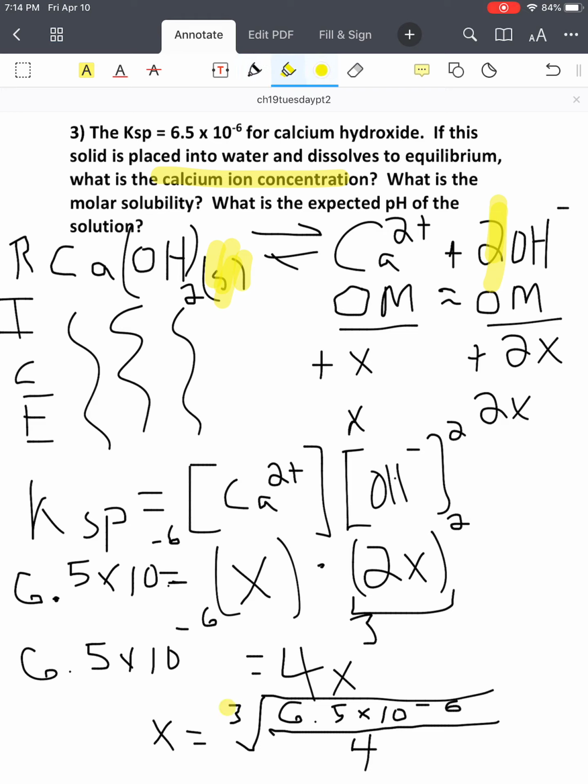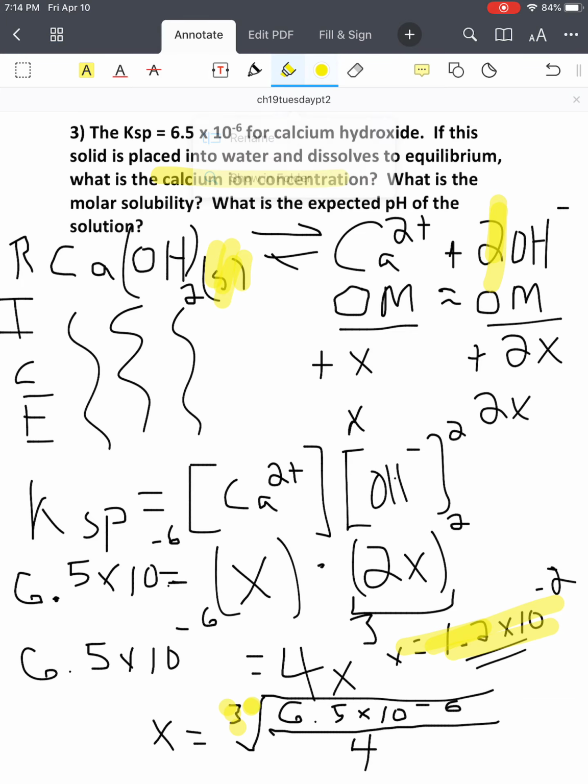Make sure to do that on your calculator. It's something to pay attention to in the mathematics. If we crunch some numbers, I believe I got 1.2 times 10 to the minus 2 for my x.